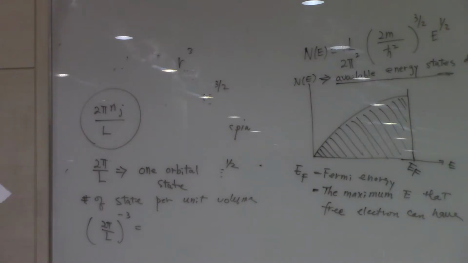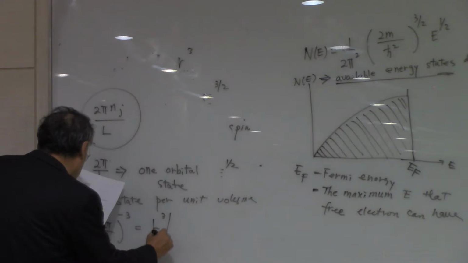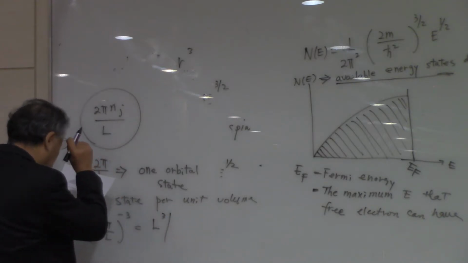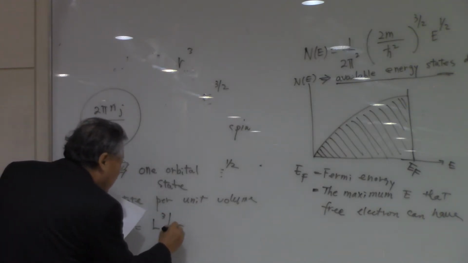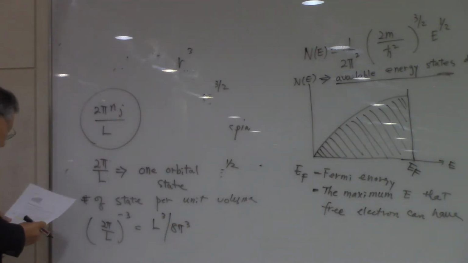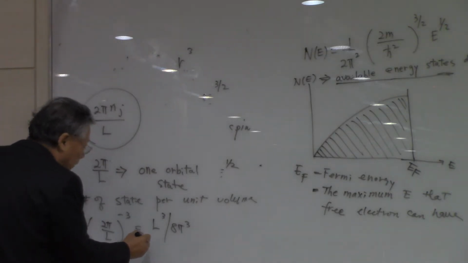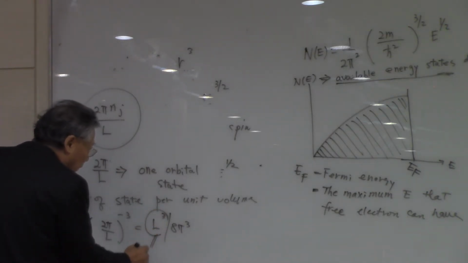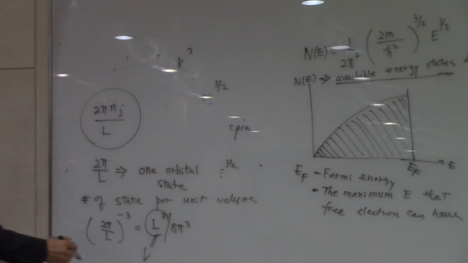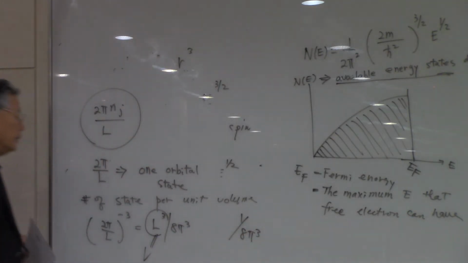That is going to be the number of energy states, and that is 8 pi cubed over volume. So per volume it is going to be 1 over 8 pi cubed, something like this, right?